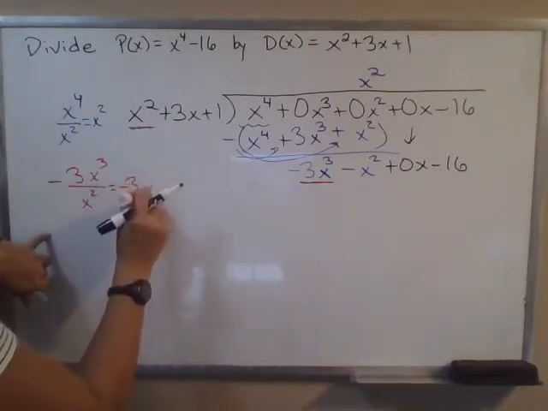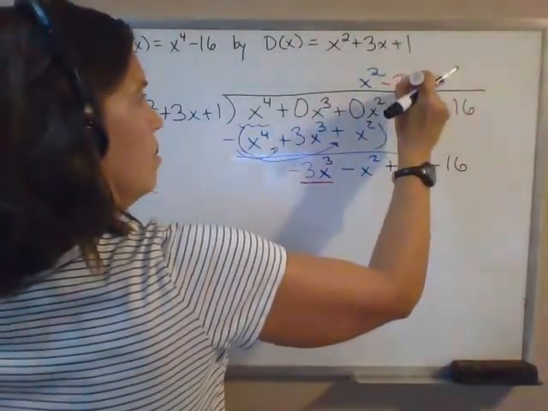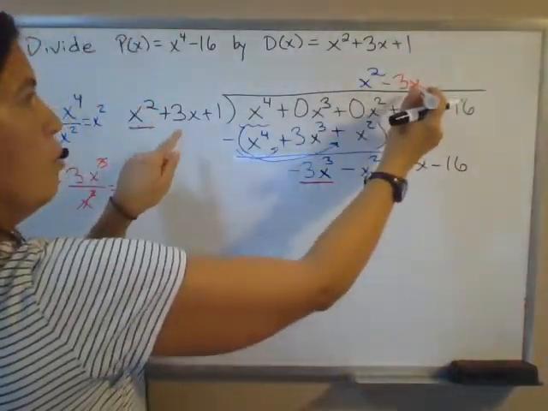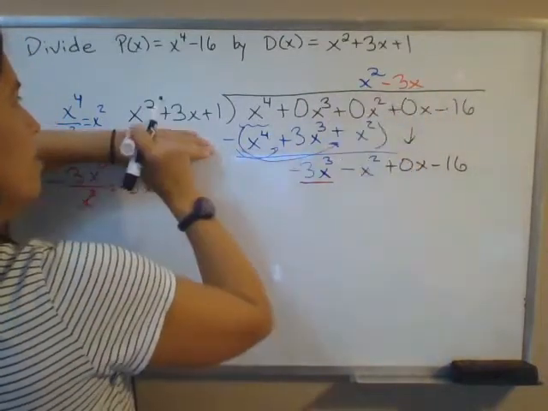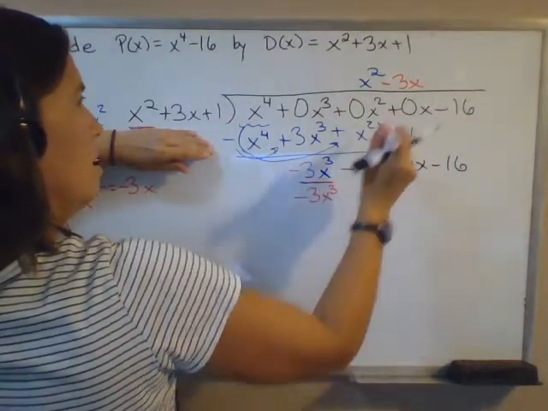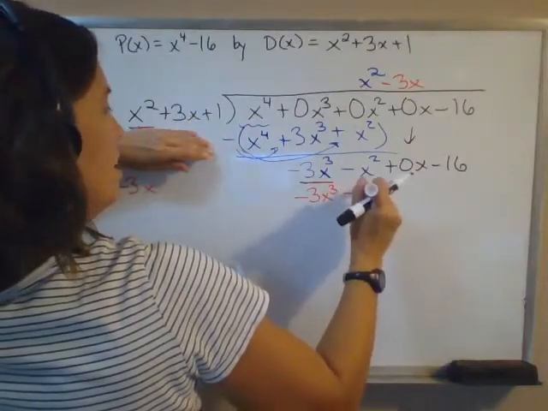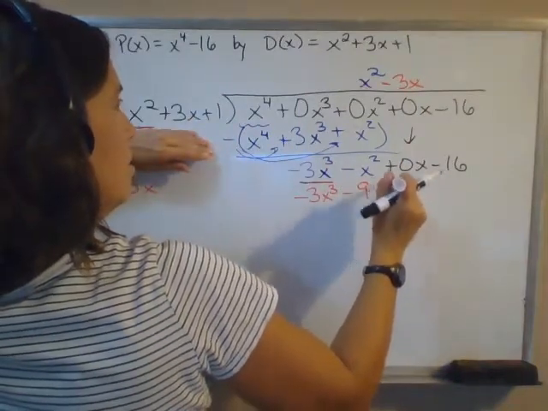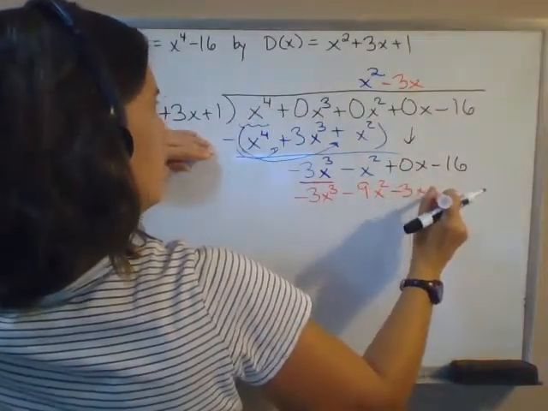That gives us negative 3x to the first. Multiply negative 3x times this expression here. So negative 3x times x squared is negative 3x cubed. Negative 3x times positive 3x is negative 9x squared. Negative 3x times 1 is negative 3x.